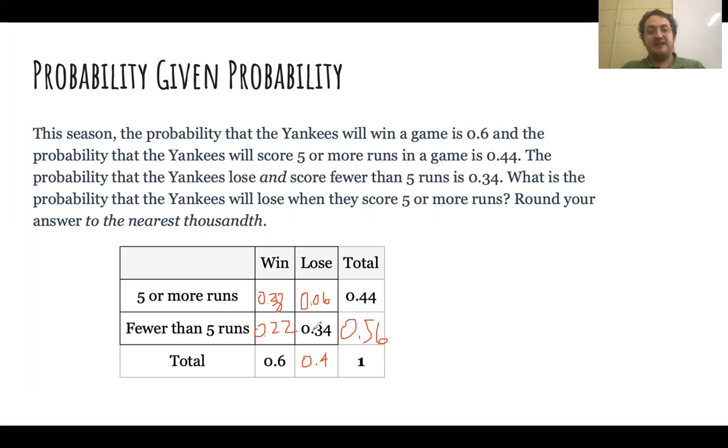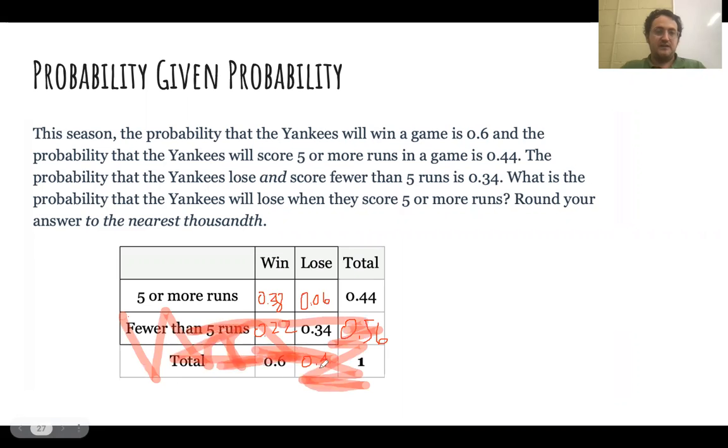And we're looking at what is the probability that they will lose when they score 5 or more runs. So we are assuming that they score 5 or more runs. So all this bottom stuff, we could kind of cancel out and just focus on the top part.